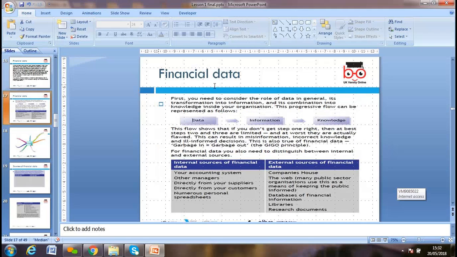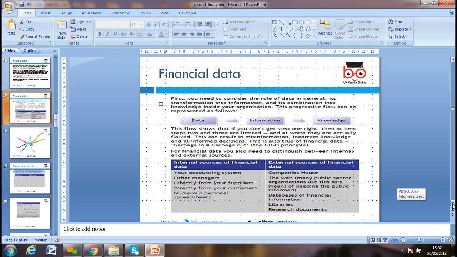Financial data, like we discussed earlier: data, information, and knowledge. So what are the internal sources of data, where we can get the data from? Accounting systems. We can get the data directly from your suppliers, from your customers, and numerous personal spreadsheets, which are personal reports we prepare in accounts.